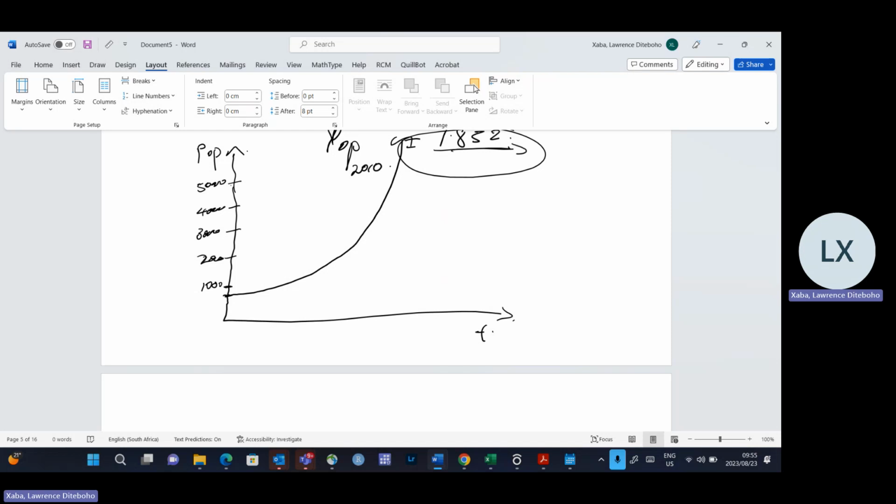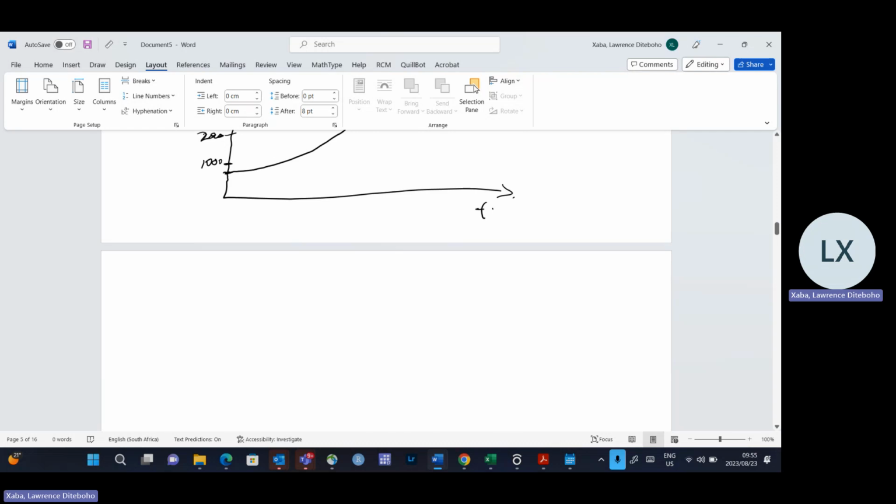So remember, we are trying to measure population growth. So let's say there's a case whereby our interest is to know how long it is going to take us to get a population of 3,500.